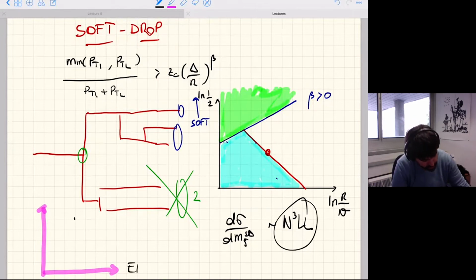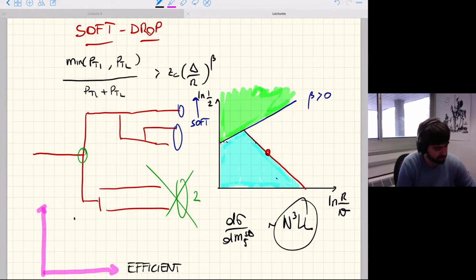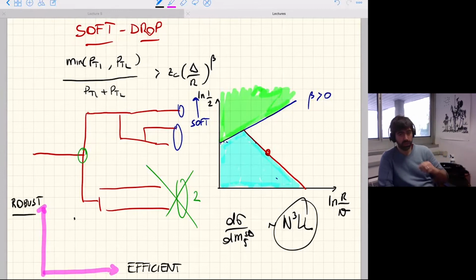I have to build tools which are efficient. Of course, if my algorithm cannot distinguish signal and background in an efficient way, I don't know what to do with it. But at some point, by doing this type of calculation, people realized that there's another dimension. I want to build algorithms which are also robust.